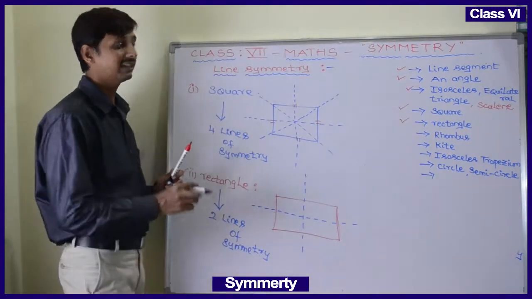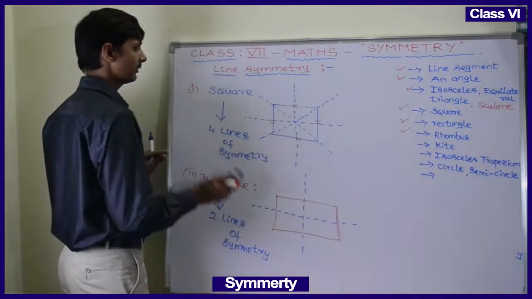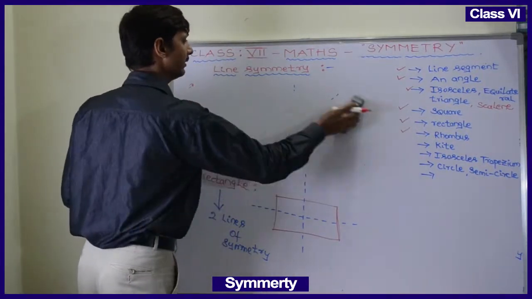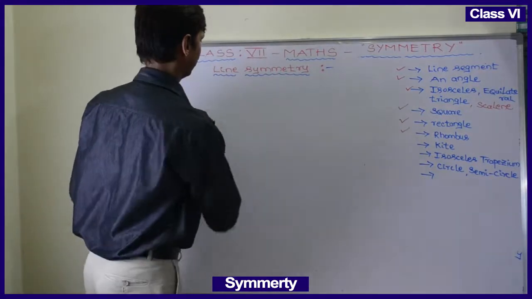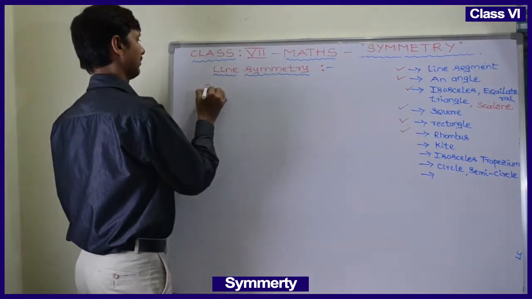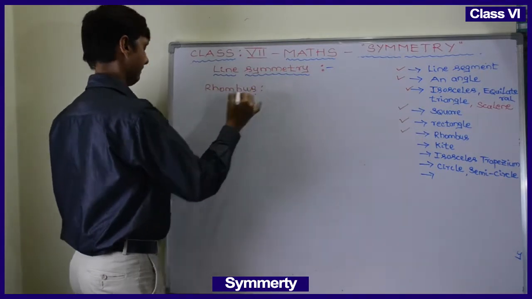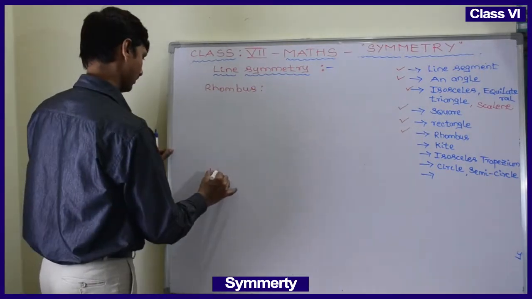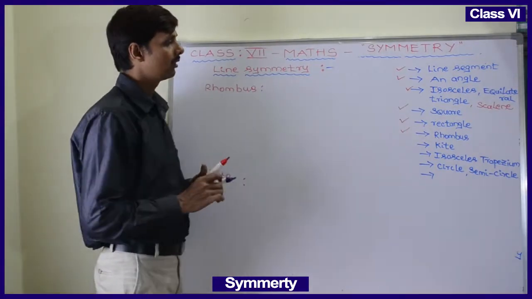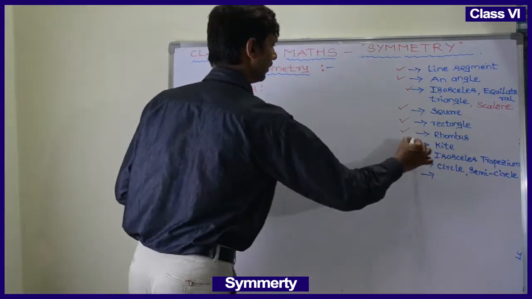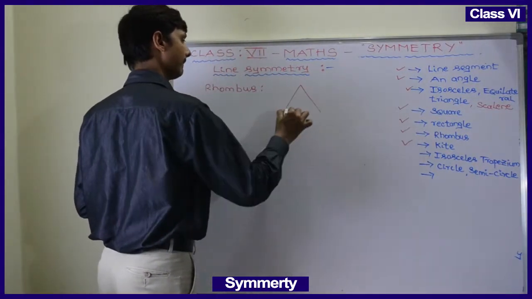So let's take the next figure, that is rhombus and kite. We know that a rhombus is a figure in which all the sides are equal.